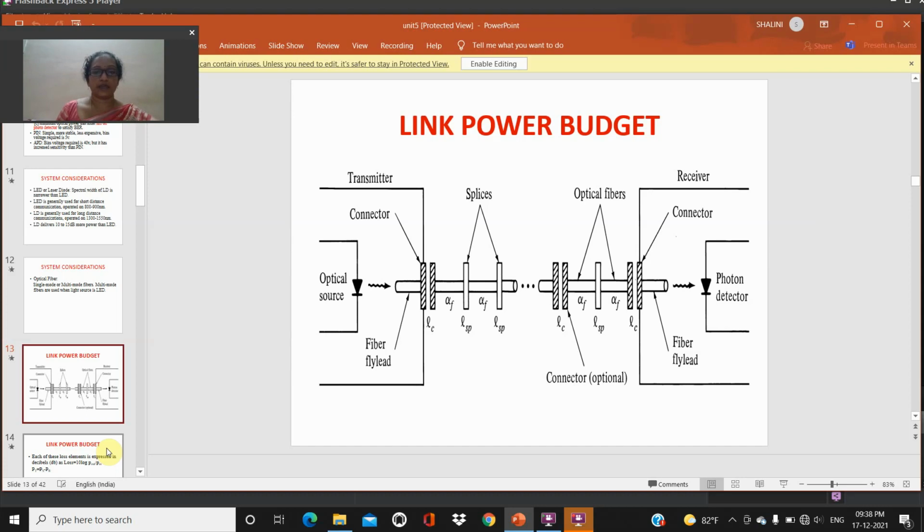By connecting through it, we have to maintain some power budget while designing this optical fiber communication system. Finally in the receiver section, another connector absorbs the optical energy and sends it to the photo detector, which detects the optical energy and converts it into electrical energy. So this is the link power budget system block diagram.